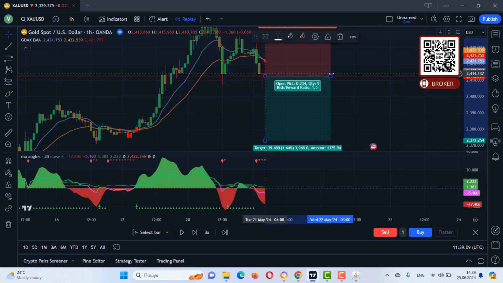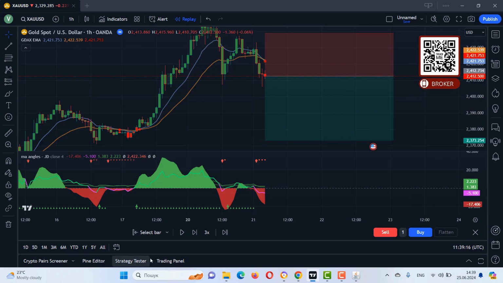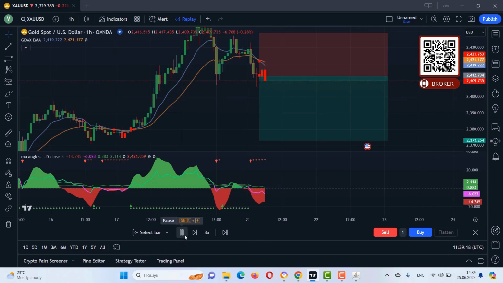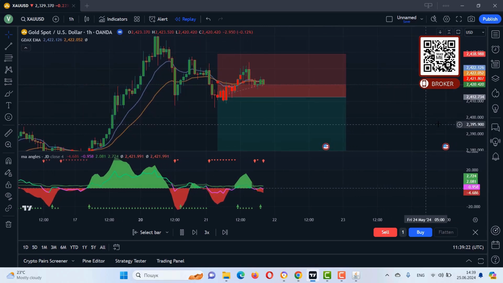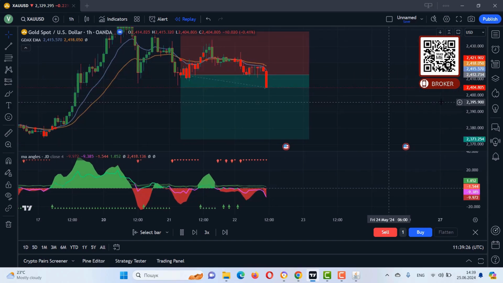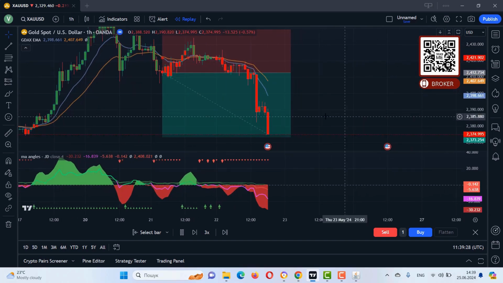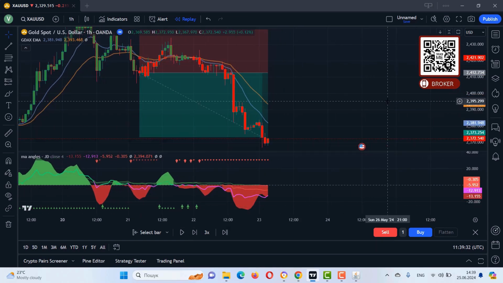The risk to profit is 1.5. Let's go. What will occur with our chart? It's slightly off, yet we have a positive trend. The situation then stabilized. That's it.